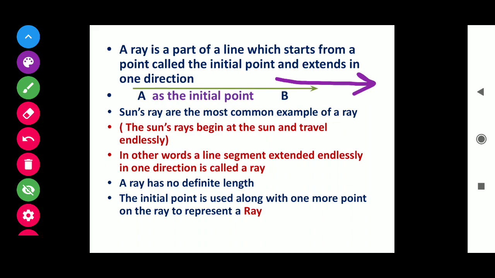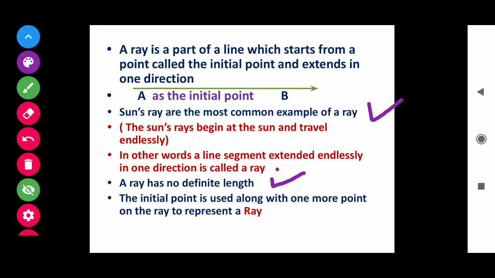Sun rays are the most common example of a ray. A line segment extended endlessly in one direction is called a ray. This is the definition of a ray. A ray has no definite length. Similarly, a line doesn't have any definite length. Only a line segment has a definite length.